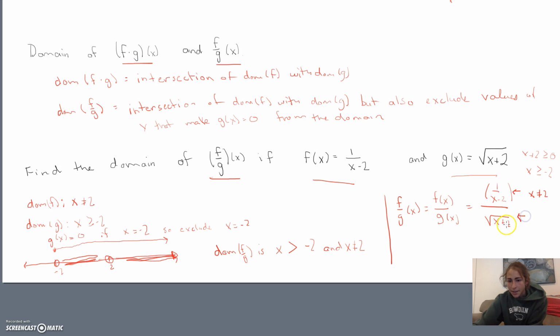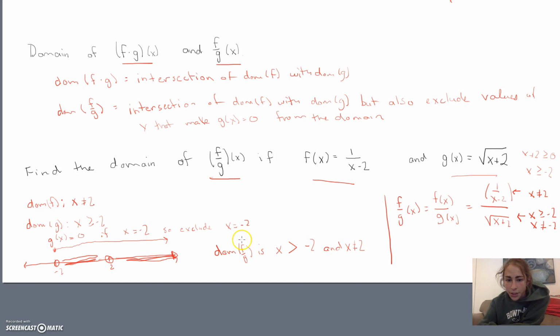The bottom part, because of the square root, I know x has to be greater than or equal to negative 2. But because this whole thing is in the denominator, x can't equal negative 2 either, because that would make the denominator 0. So this restriction is coming from the domain of f, this restriction is coming from the domain of g, and this restriction is because g is now in the denominator.